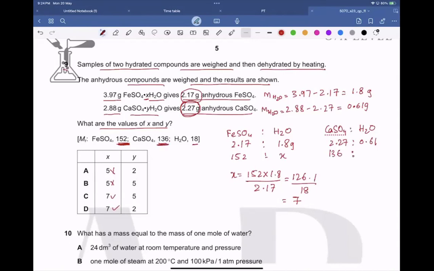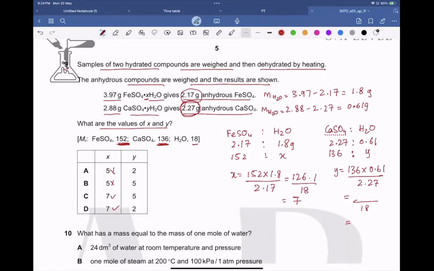So with 1 mole of calcium sulfate, how many grams of water has been present? Y. So let's calculate the Y. 136 times 0.61 divided by 2.27. I will get the mass and then I divide that mass with the 18 to get the moles. So can anyone calculate the mass first and tell me the mass, then moles?